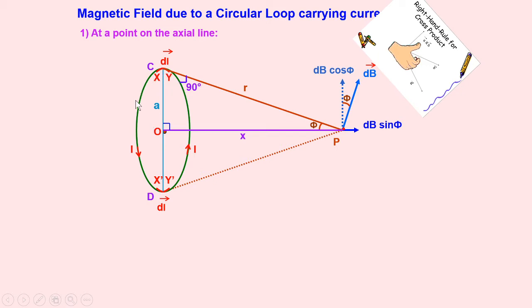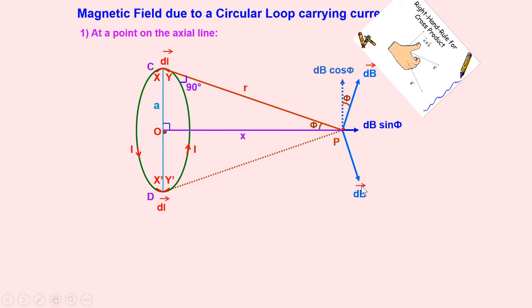So the current comes here and enters into the plane of the paper, goes out of the paper, comes towards me and goes away from me like this. So again, if you curl your finger from DL towards R, R is this particular dotted line. Then where does the thumb point? The thumb points in this particular direction, downwards. We will see that.